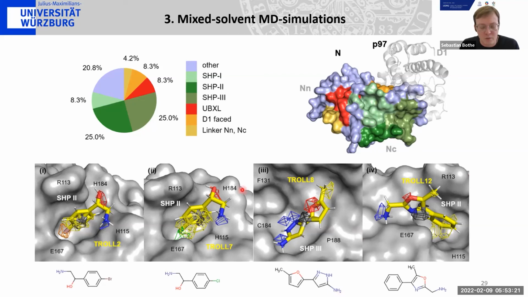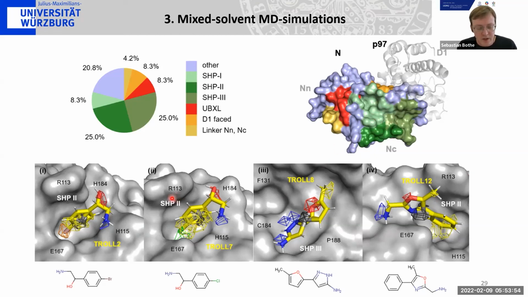We first postulated the binding poses using mixed solvent MD simulations, where we simulated the N domain in a high concentration with the selected fragments. We analyzed the MD simulations for how often a fragment could be observed in a certain region of the protein surface, and the result confirms the structural analysis of the virtual screening, that most interactions occur here in the SHP binding site, shown here in different colors.